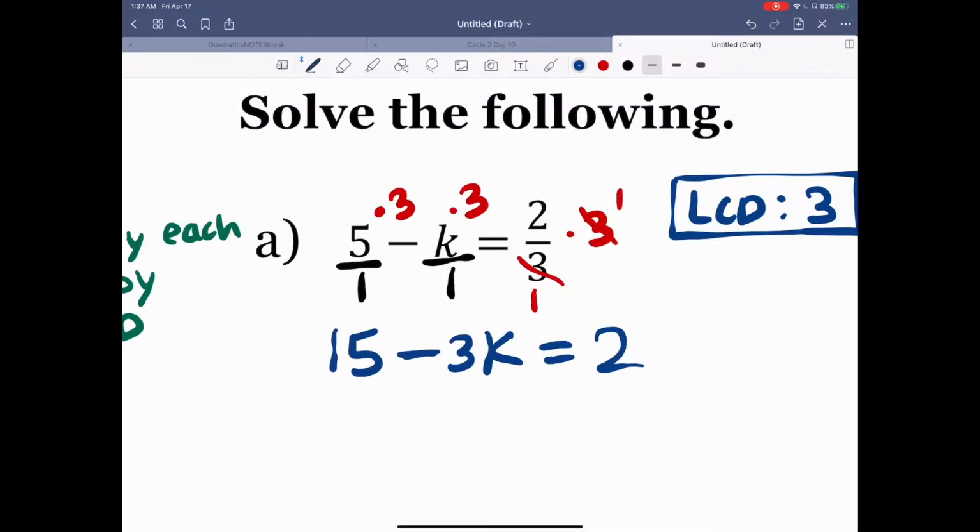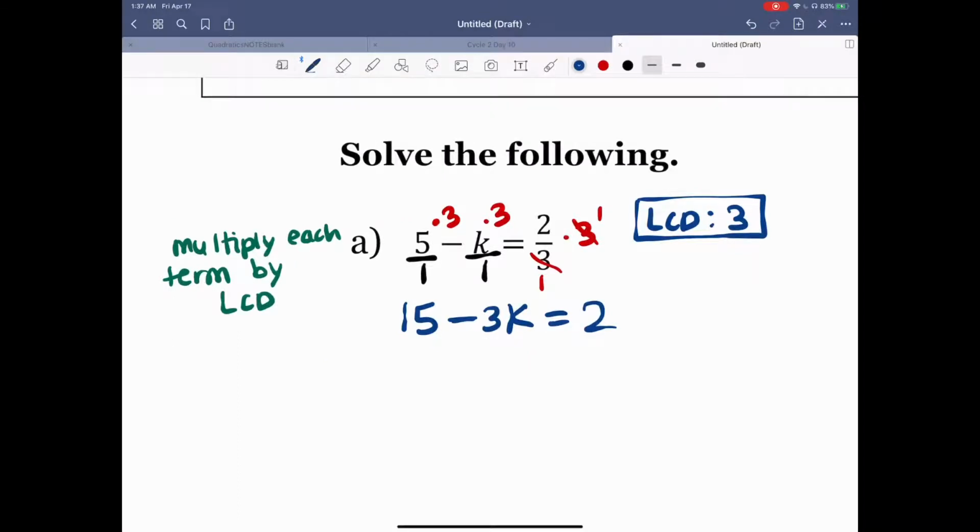Am I done? No. But you've seen these kinds of equations before because we've worked with solving an equation. Once we've done the first step, you're solving for the variable. How? You're doing BEDMAS backwards, meaning I am doing addition or subtraction first to get my k by itself.